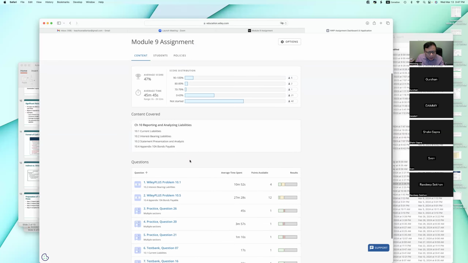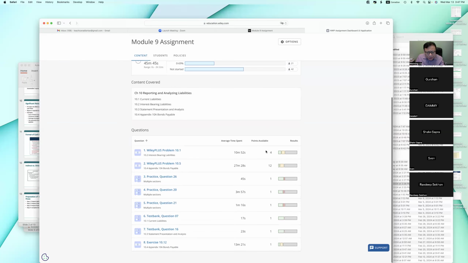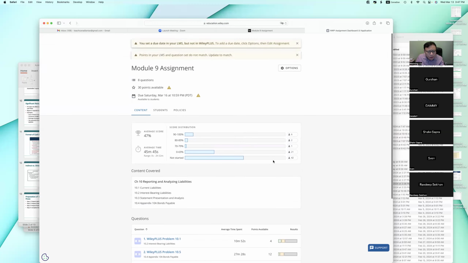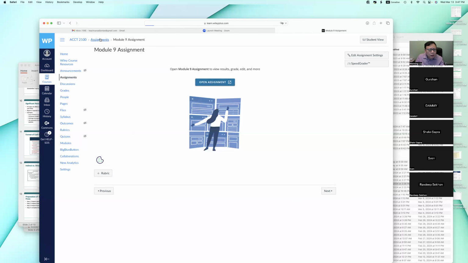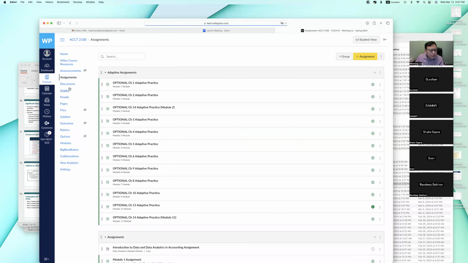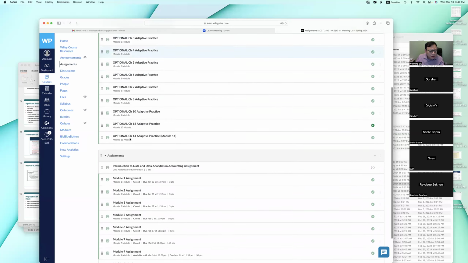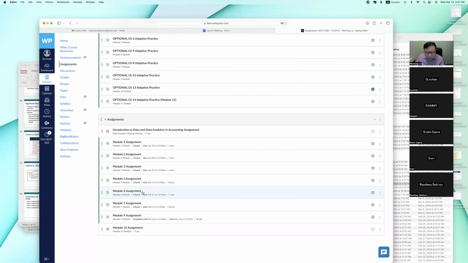Okay, so this is the bonds payable. Some of you have been working on this. So let's see. What about the module 10 assignment?